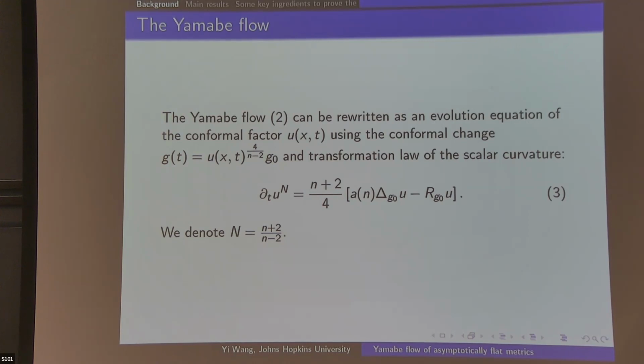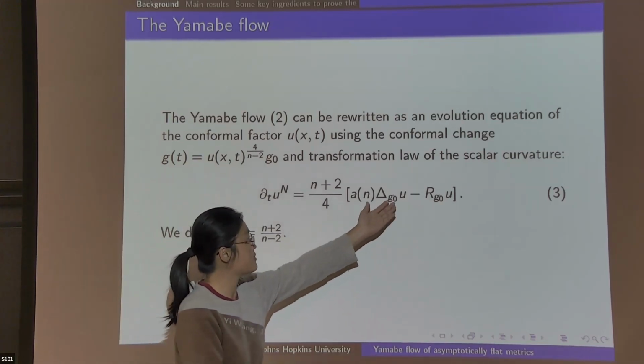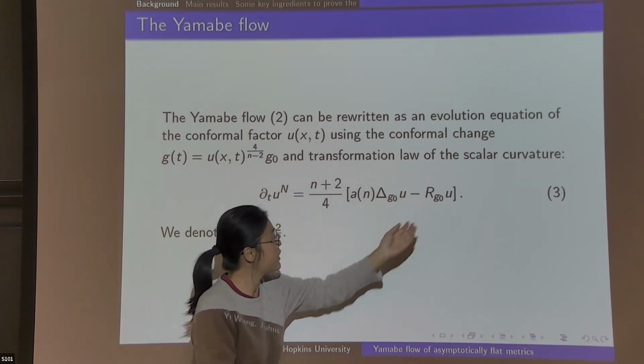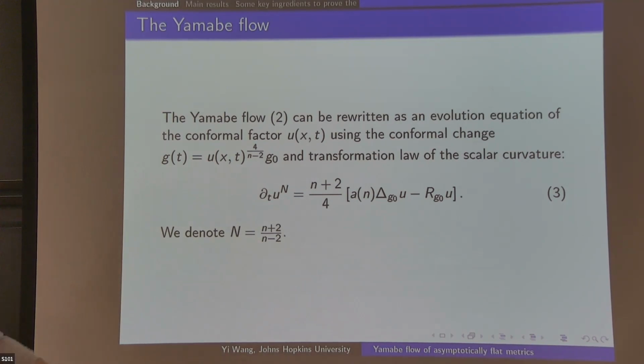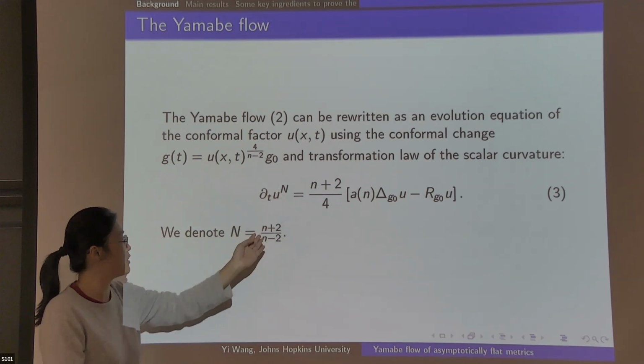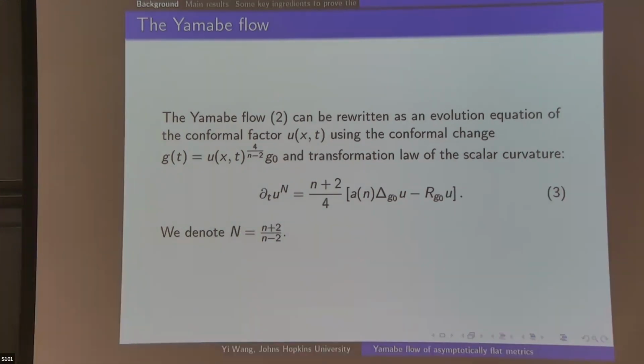This equation is given by number 3. As you can see, the right-hand side is basically some Laplace operator acting on u, plus some curvature terms, and the left-hand side is not partial t u, it's partial t of u to a nonlinear power. But roughly speaking, it's of heat flow type, and people try to use heat equation type analysis to understand it.